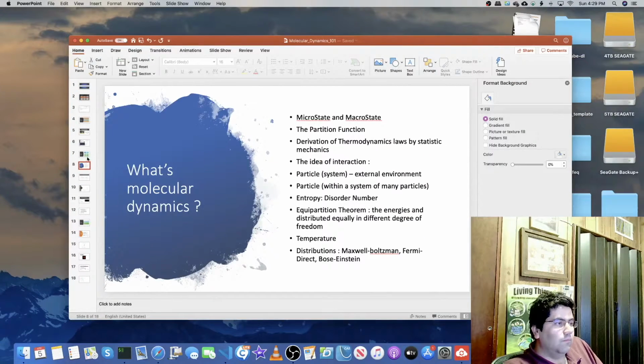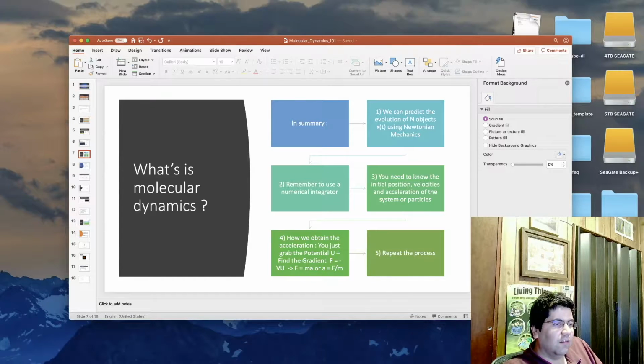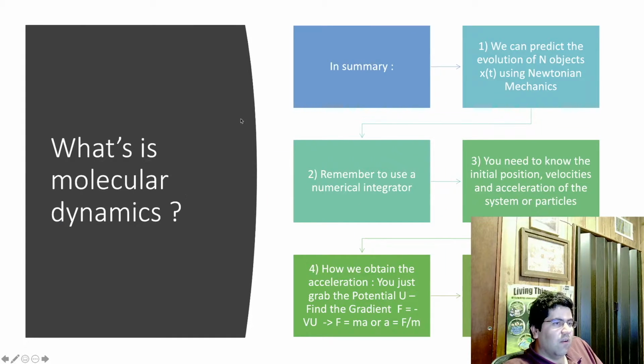So you remember on our last video, I went into a summary that for doing molecular dynamics, we had to have the Newtonian equations, then we had to use a numerical integrator, and then we have the initial positions, velocities and accelerations.